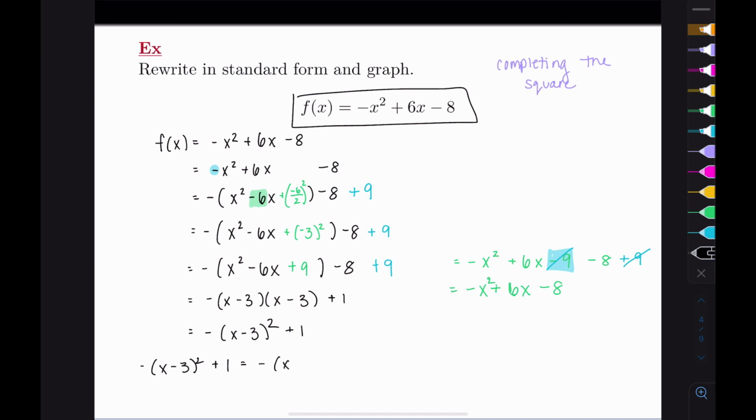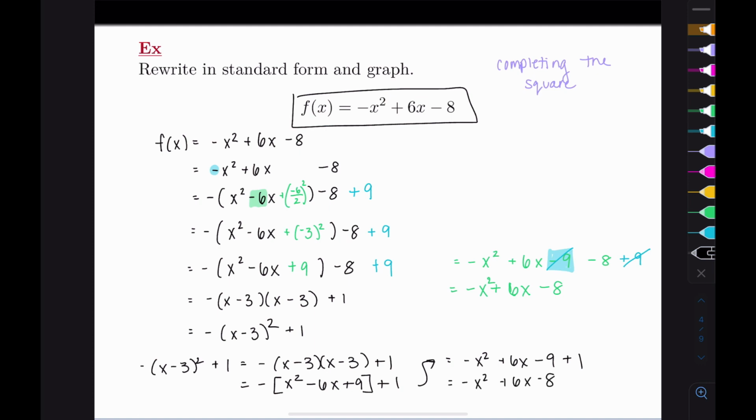So when we FOIL these, this would give us negative times x squared minus 6x plus 9 plus 1, which is negative x squared plus 6x minus 9 plus 1. And in condensing, indeed, that gives us the exact same parabola we started with, okay?